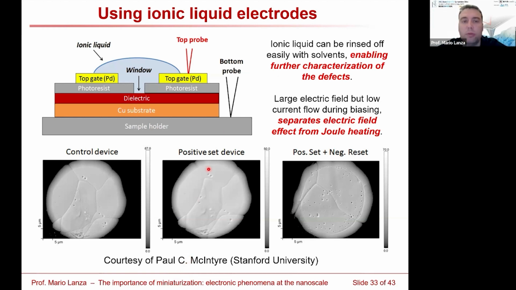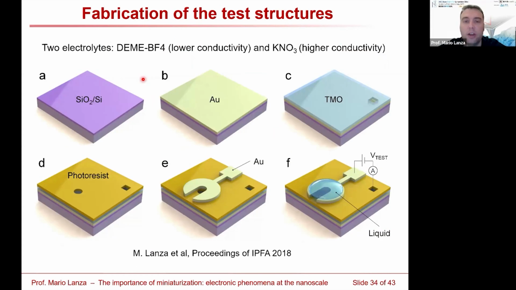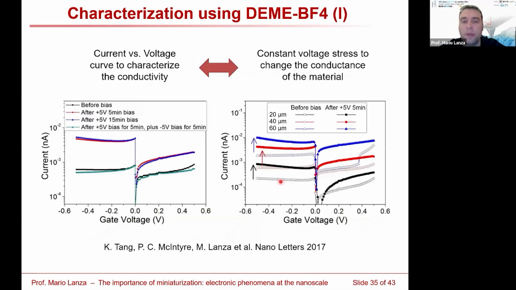And here we propose one structure that is very interesting, in which we stress the dielectric material using a liquid. The liquid is very interesting because we can rinse it out, and then we can scan the surface of the sample with SEM, with conductive AFM, etc. The fabrication of this structure is relatively simple, just 5 or 6 easy steps.